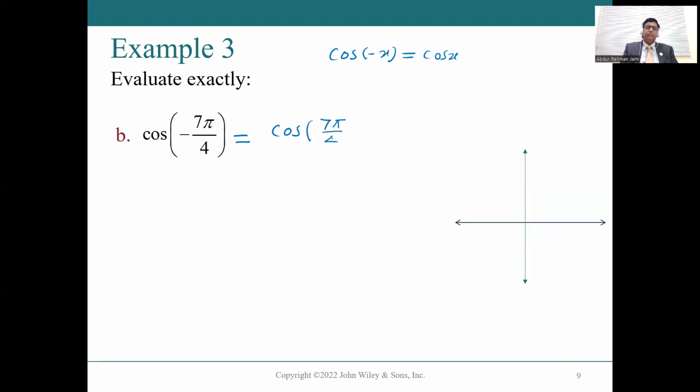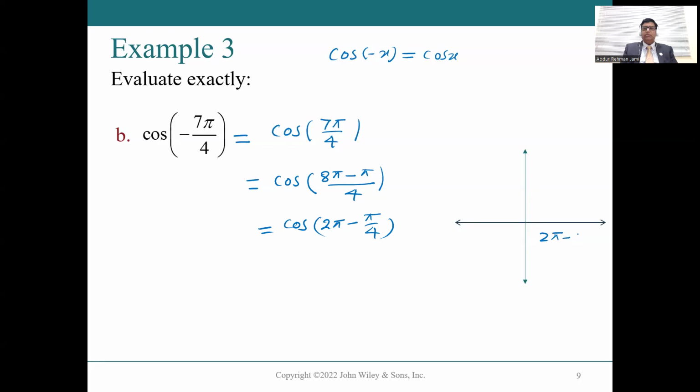7 pi over 4. Now, we can write down in the standard form. So we can find out reference angle, 8 pi minus pi over 4. Divide each term by 4. So cosine becomes 2 pi minus pi over 4. And this angle is in which quadrant? Should we guess?